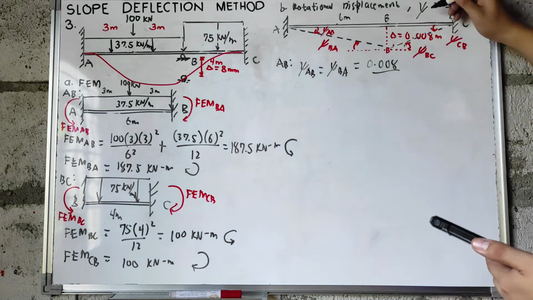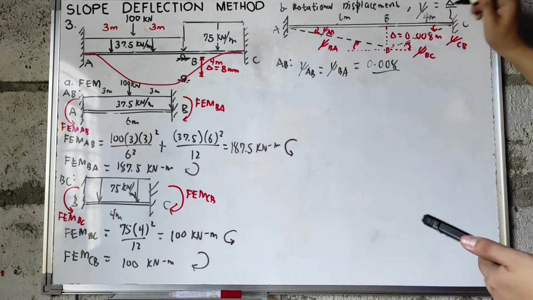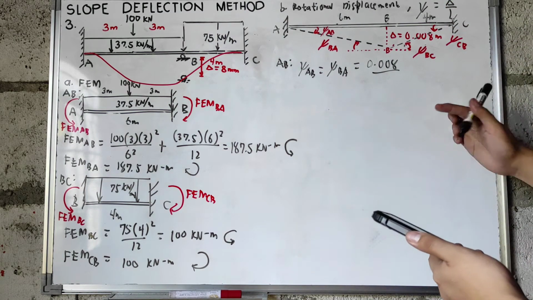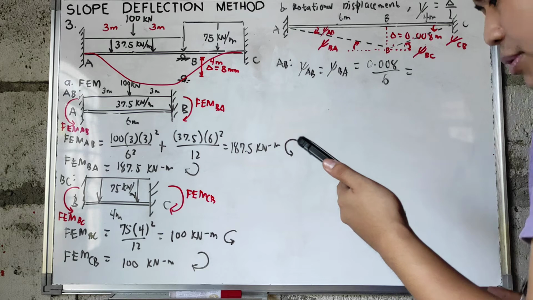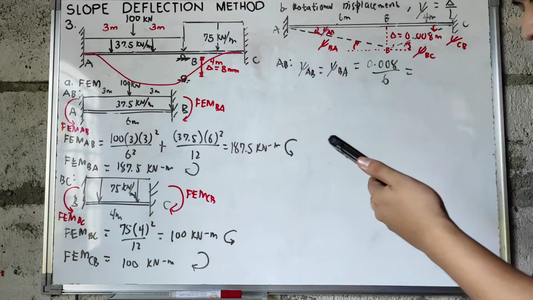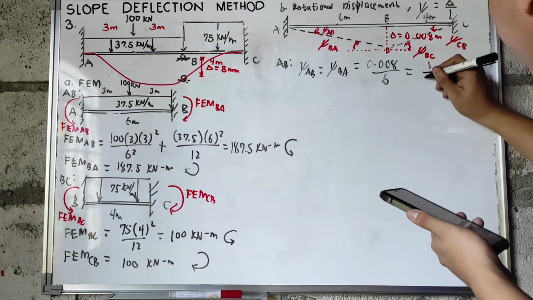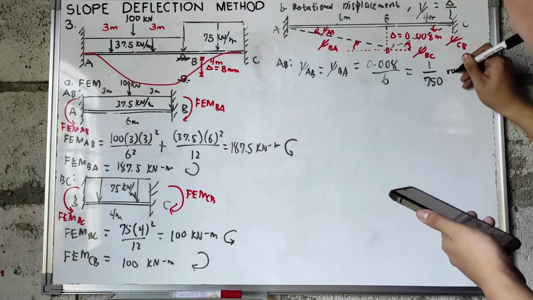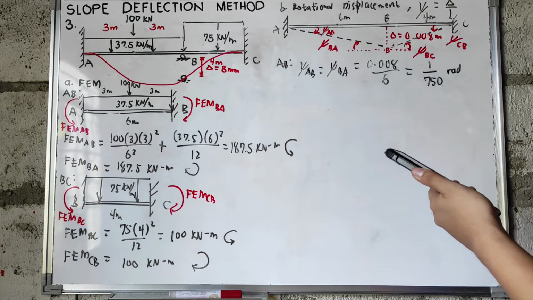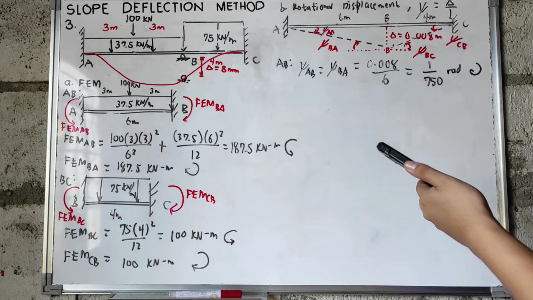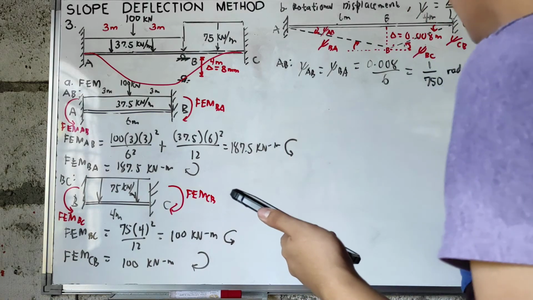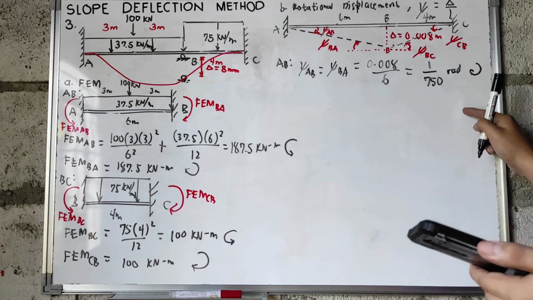And yung kabila naman, that is equal to 4 meter. So yung value ng angular displacement, yung rotational displacement natin is 1 over 750 radians. And yung rotation niya is counterclockwise.